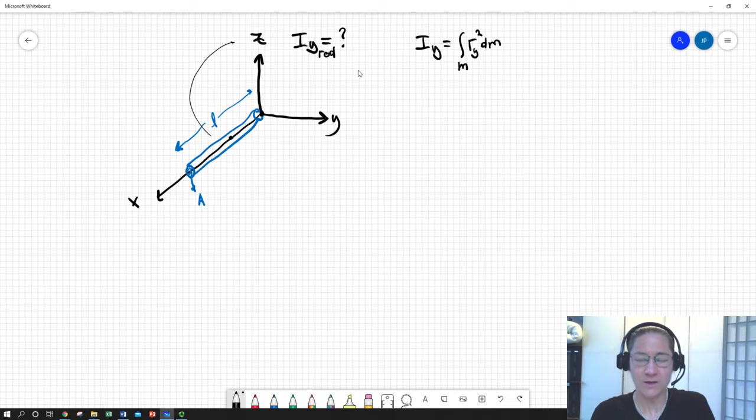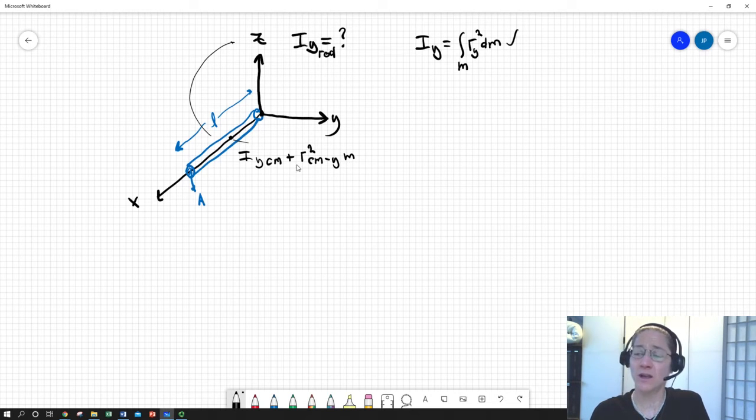So we can use this fundamental definition to calculate I sub y directly, or we can look up maybe a formula in the back of our book or in a handbook for what would be I, in this case I_y or I_z, at the center of mass of the rod, and then add r from the center of mass to the y-axis connection point times the mass.